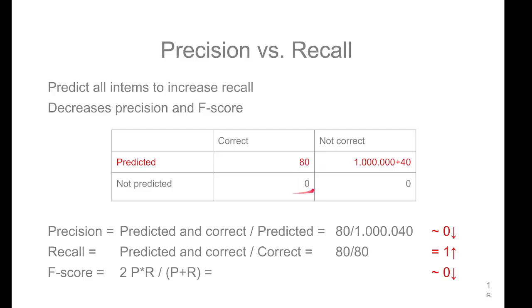And since we're predicting everything, these two entries are 0. The precision is now 80 divided by 1,040, so that means it's more or less 0. But the recall is 80 out of 80, so we're at 1. The F-score, on the other hand, the dominating factor will be the precision, so this goes down to 0. So again, we increased the recall, but the F-score and the precision went down to 0.